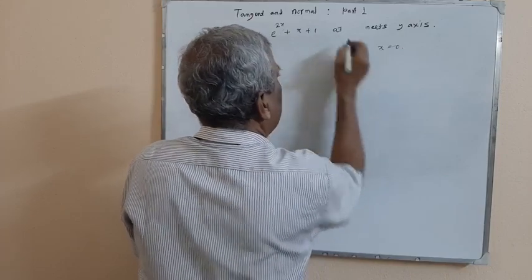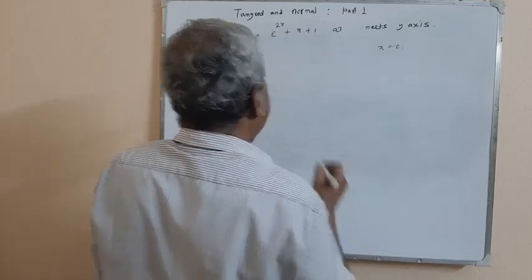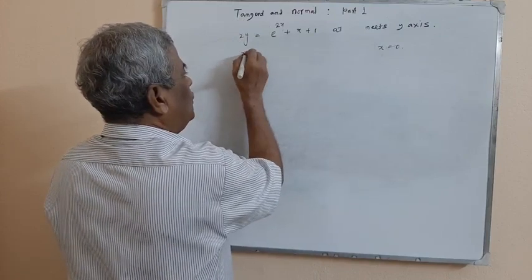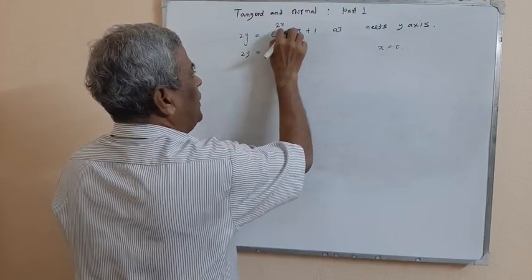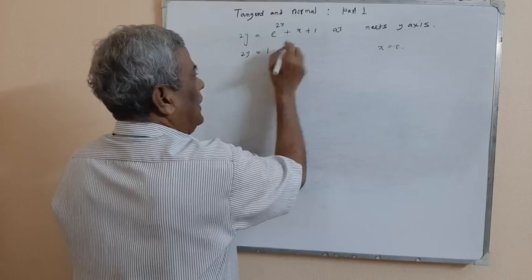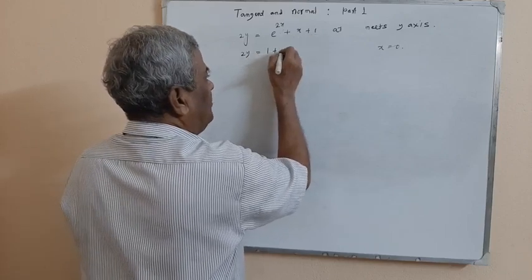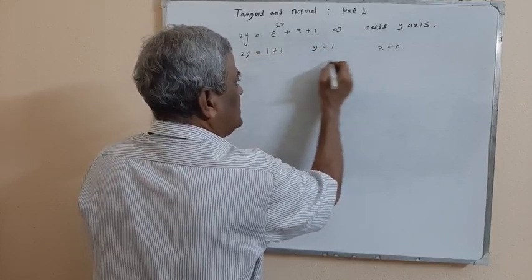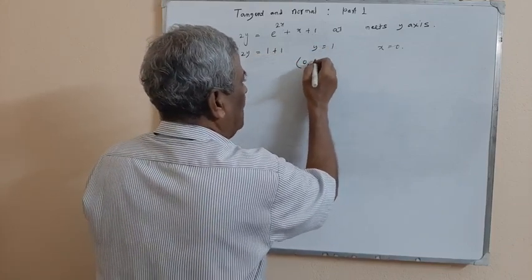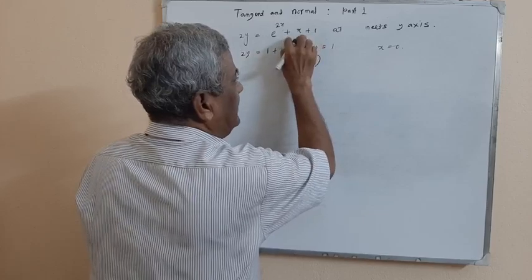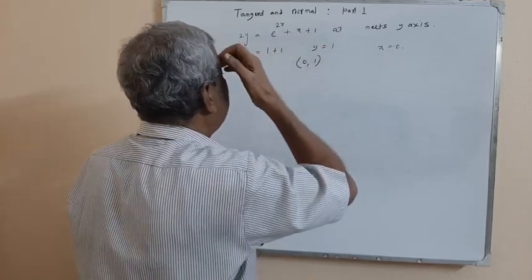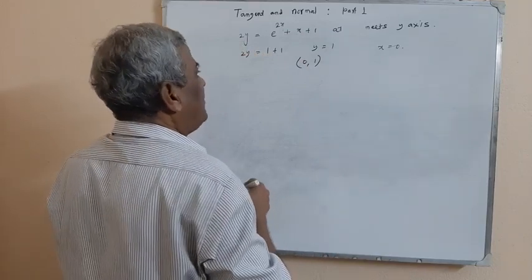So solving this curve and the y-axis, we get x = 0, put it there, 2y = e^0 + 0 + 1, e^0 is 1, so 2y = 2. So y = 1. So the point is (0, 1), where it meets the y-axis. We have to find its equation of tangent.